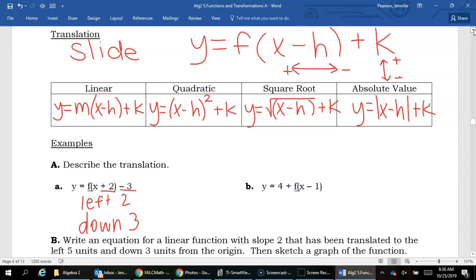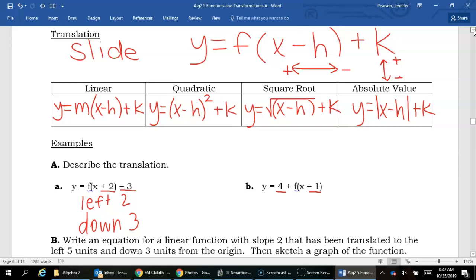Letter B, I see y equals 4 plus f of x minus 1. So I see a minus 1 inside and I see a plus 4 outside. That one's not necessarily like the example I wrote at the top. I'm going to start with the minus 1. Minus 1 in the parentheses, minus 1 from x, that is sliding my graph to the right.